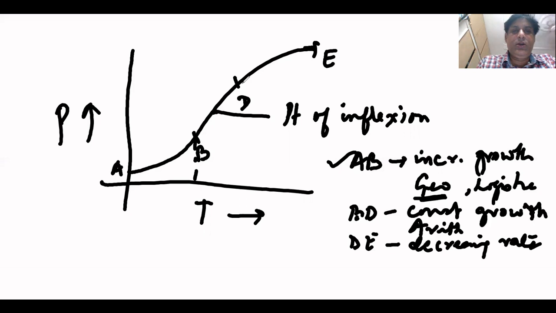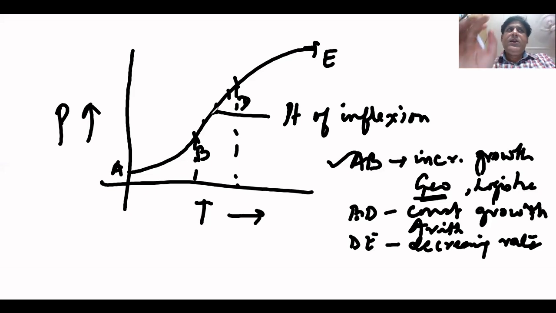The population at this particular point is increasing at a constant rate with respect to time, right? And this is the decreasing rate. I mean, the population is increasing, but at a decreasing rate. The rate keeps on decreasing until you reach the saturation population at point E.